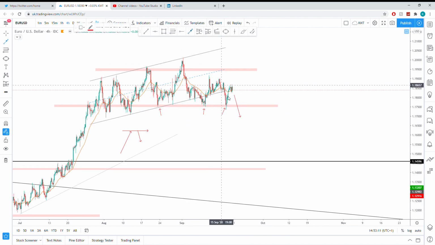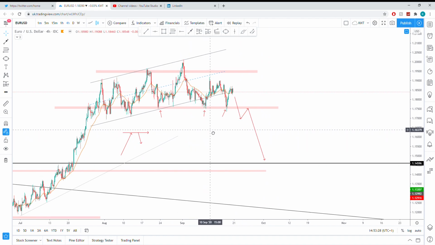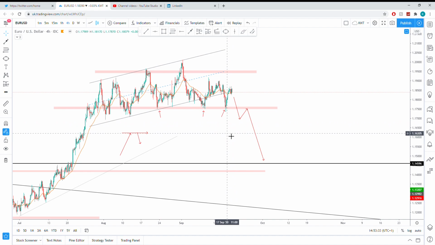The reason why we have to close below is because we will take out all the liquidity here, all the people who would have bought long here, and all we're going to be doing now is just waiting for that retest, waiting for then that momentum to kick in, and hopefully we can see how far this can push lower. So that's where I'm looking at for this week in regards to Euro USD.